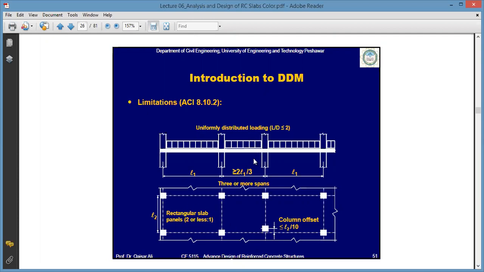And the third limitation is, if suppose this is the exterior strip length, and suppose I give it the name L1.